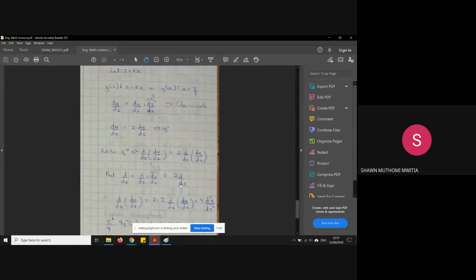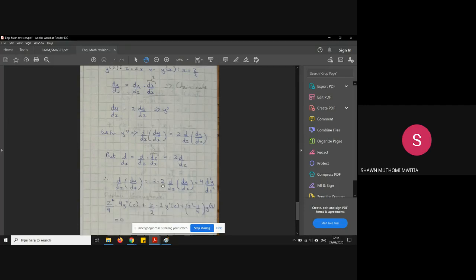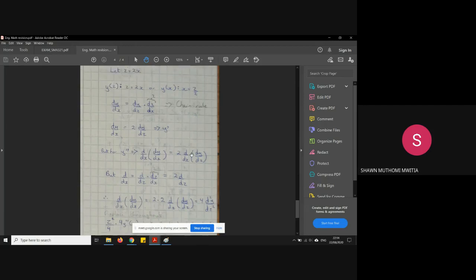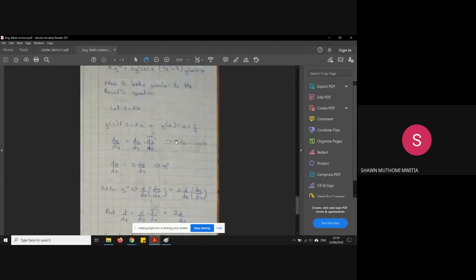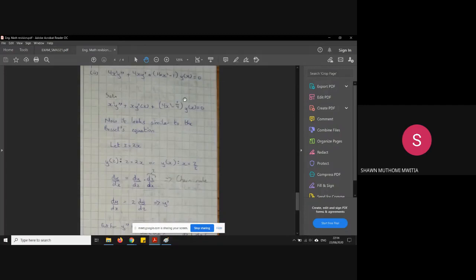So that will give us 2 times d over dz, which we bring back over here. So you get 2 times 2 over this whole part, so it's equal to 4 times the second derivative of y with respect to z. So now this part and this one is what we're going to substitute back into our equation.